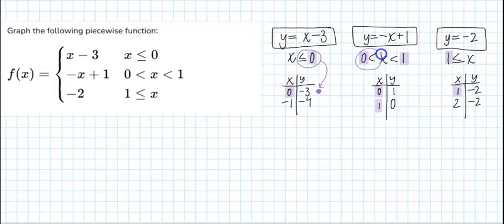Similarly, this x is 0 doesn't have an equal to sign, so I know this is going to be an open circle. This, where it has the 1, doesn't have an equal to sign, so it's also an open circle. And then this one, where it has the 1, it does have an equal to sign, so it should be a closed circle.